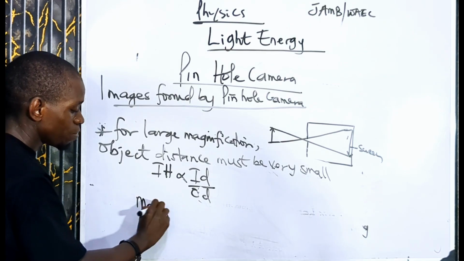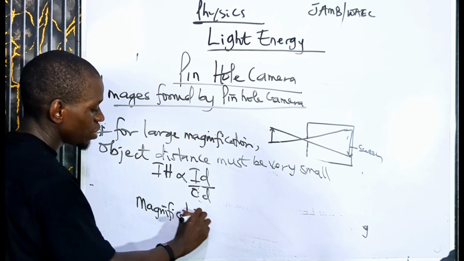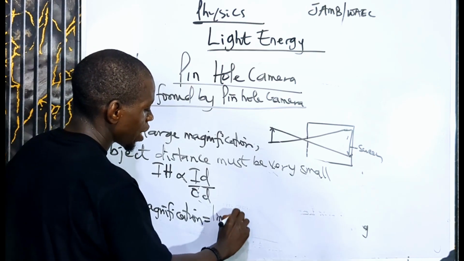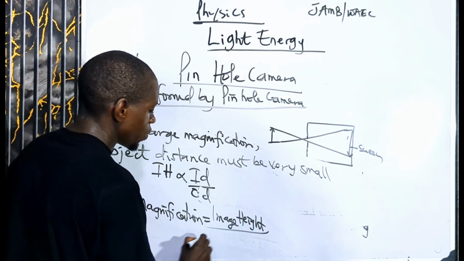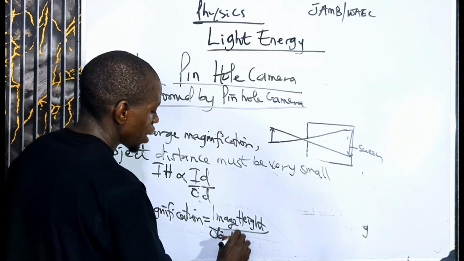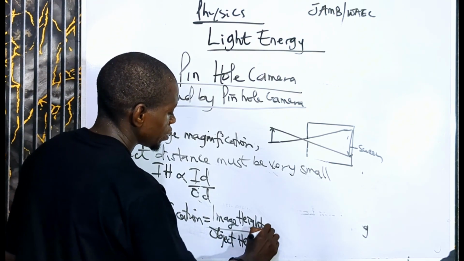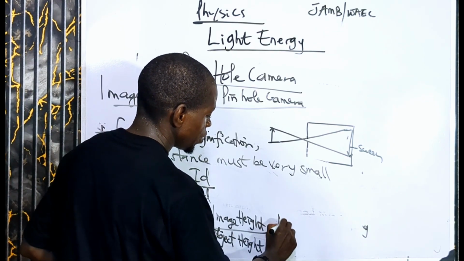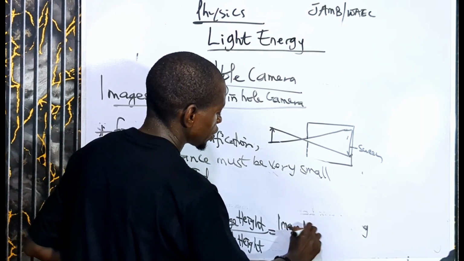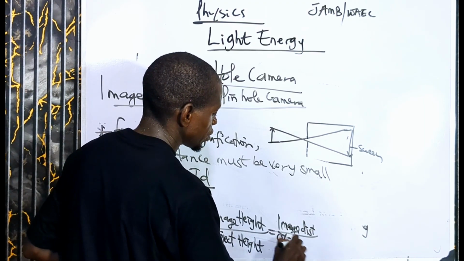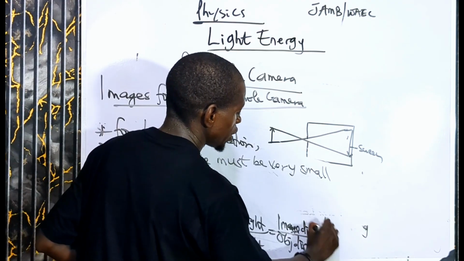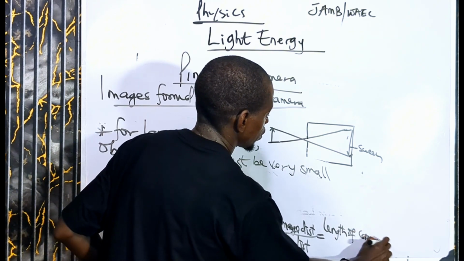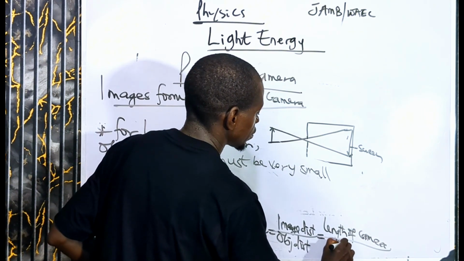The formula for magnification: magnification is equal to image height over object height, which is equal to image distance over object distance, which is equal to length of camera over object distance.